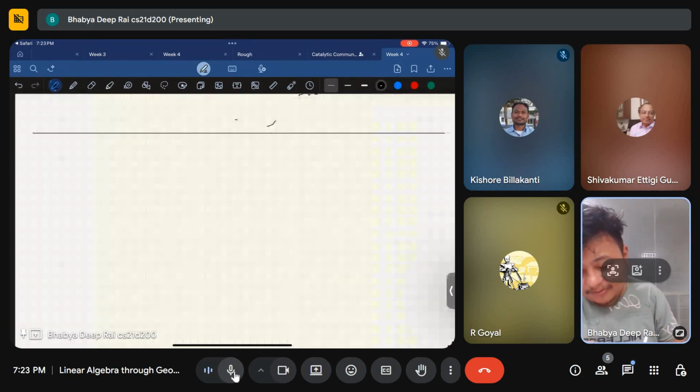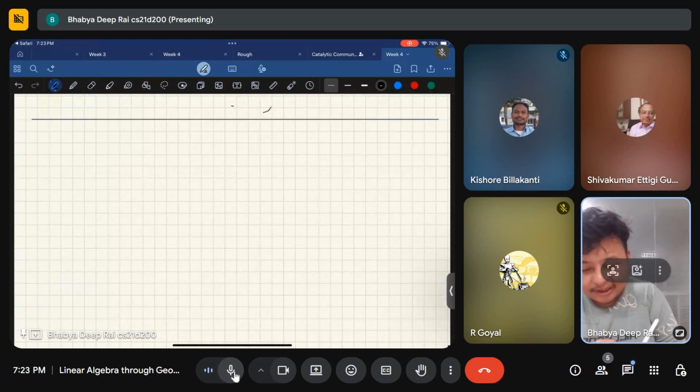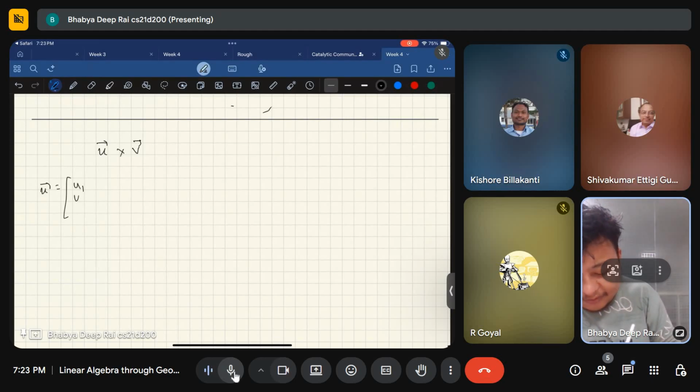So the general formula of a cross product, if you have two vectors u and v, where u is u1, u2, u3 and v is v1, v2, v3, and check out the lectures to see the proof of this.